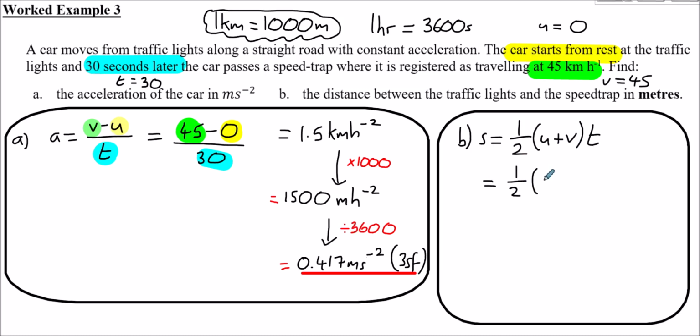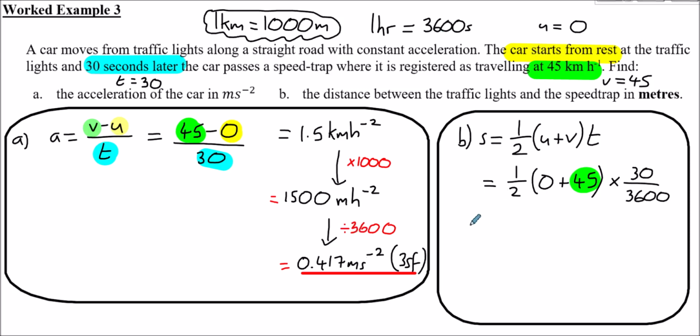So U is 0. V I'm going to keep in terms of kilometers per hour, 45. And to make the time consistent units, because this is in kilometers per hour, I'm going to write the time in hours as well. So 30 seconds is the same as 30 3,600ths of an hour, because like we mentioned before, 1 hour is 3,600 seconds.